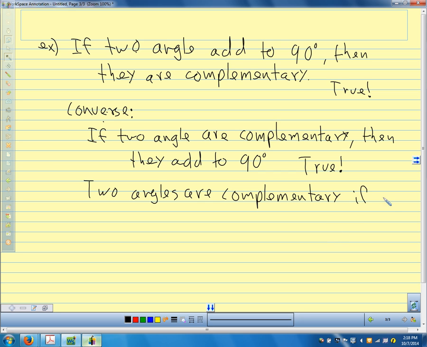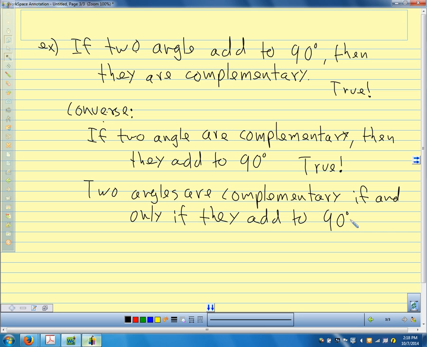If and only if they add to 90 degrees. And that would be a definition for complementary angles. Two angles are complementary if and only if they add to 90 degrees. We could also write it in the other order.